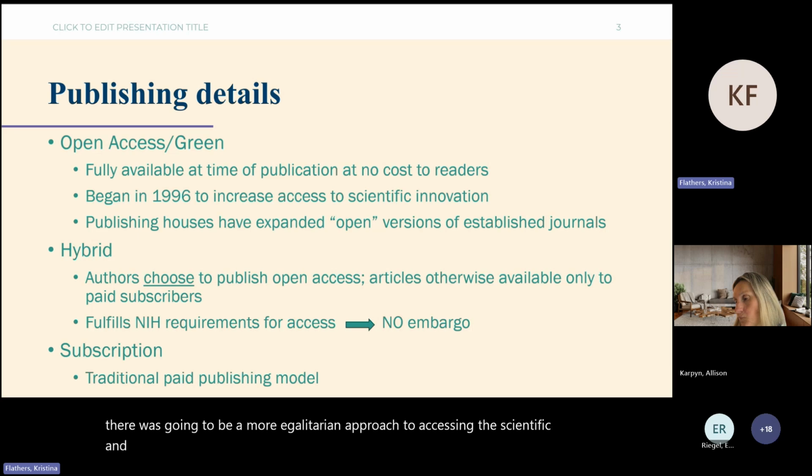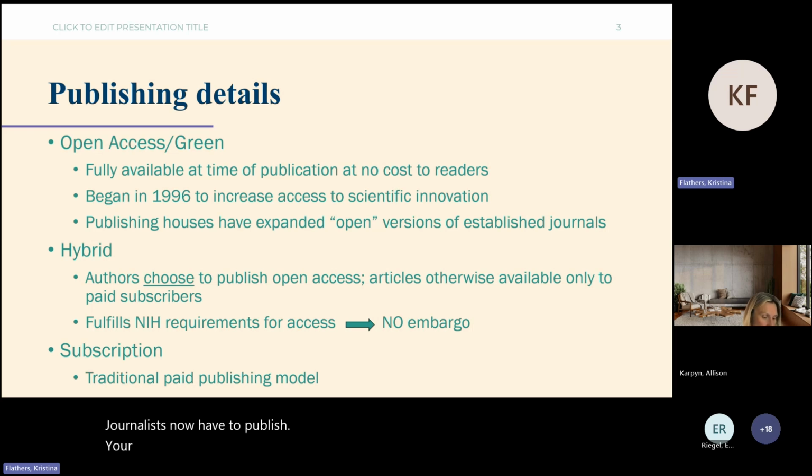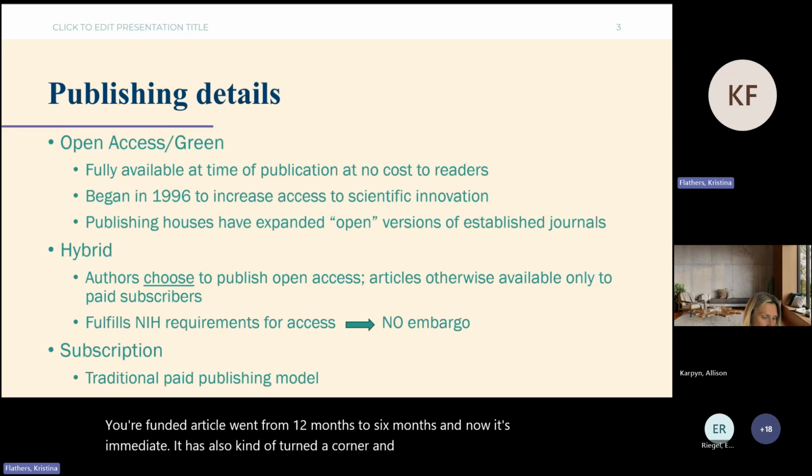This has really taken root in a bunch of different ways. The NIH has grabbed onto this as part of their NIH mandate with how quickly journals now have to publish your funded article. It went from 12 months to 6 months, and now it's immediate. It has also turned a corner and become a tool of more predatory journals where they're making money off of it. So open access has really evolved over the years.